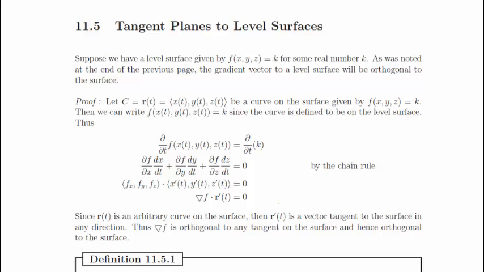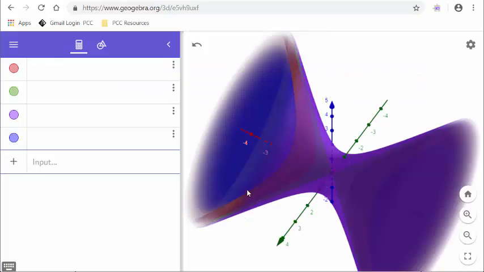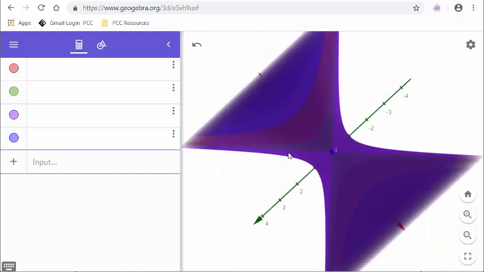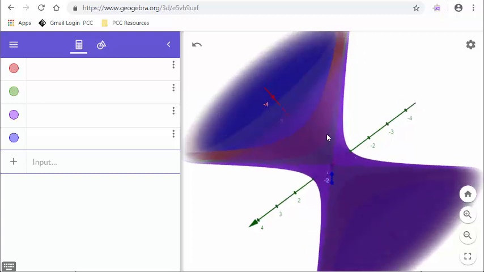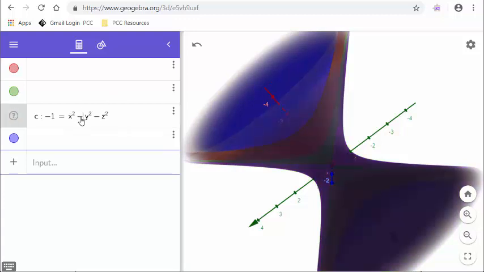Let's take a look at this graph that we had again, where we have these level surfaces that are hyperboloids in one sheet, a cone, and hyperboloids in 2 sheets. Everything on this purple surface is where my w value is -1.